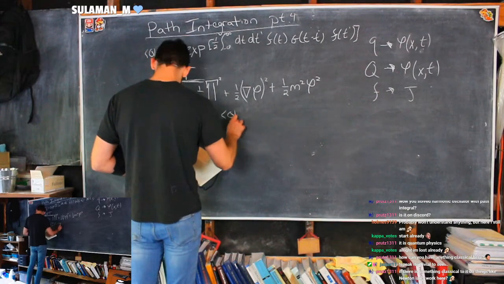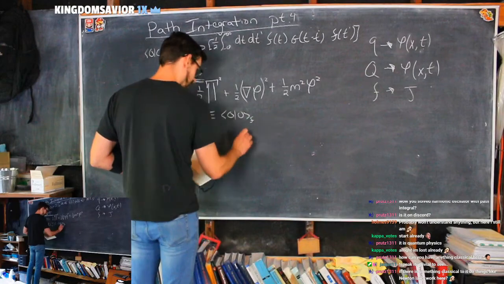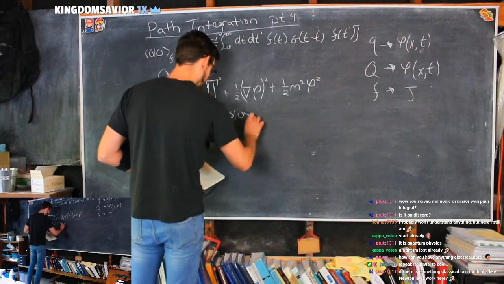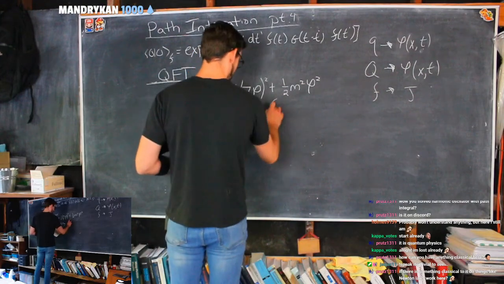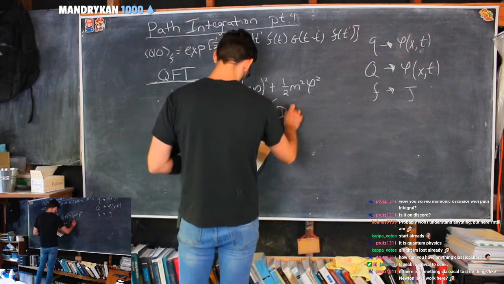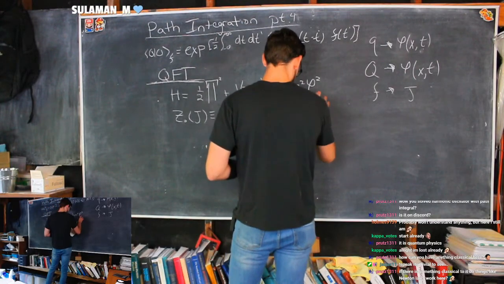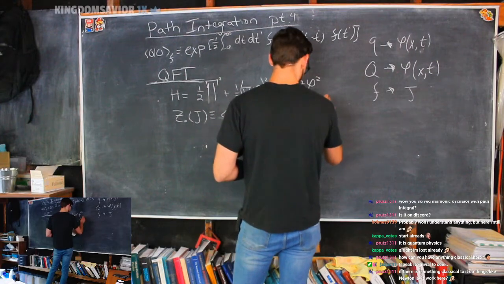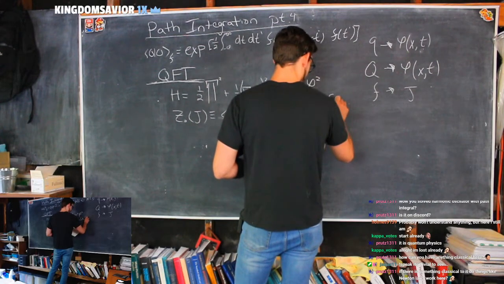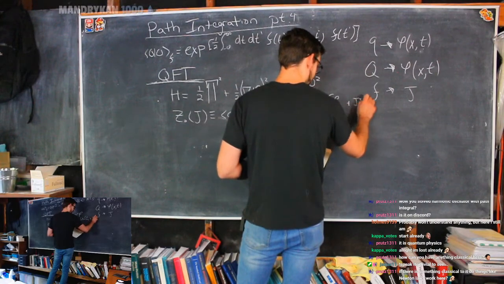And that's going to be given by the ground state to the ground state with our source, which is the integral over all of the fields, e to the i integral of d4x times our Lagrangian plus the source term.